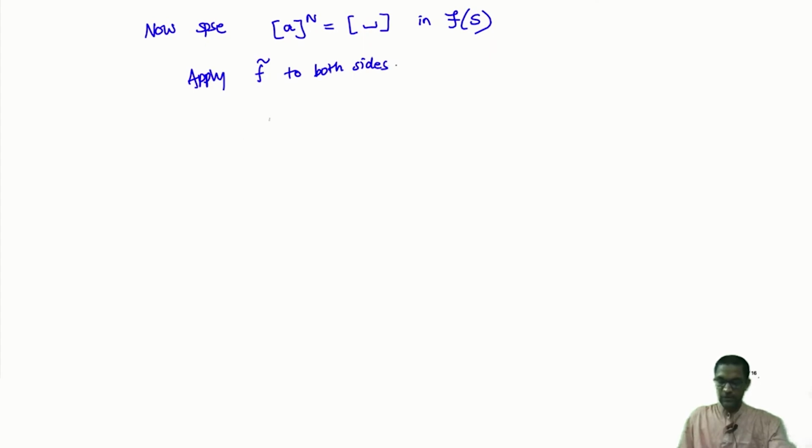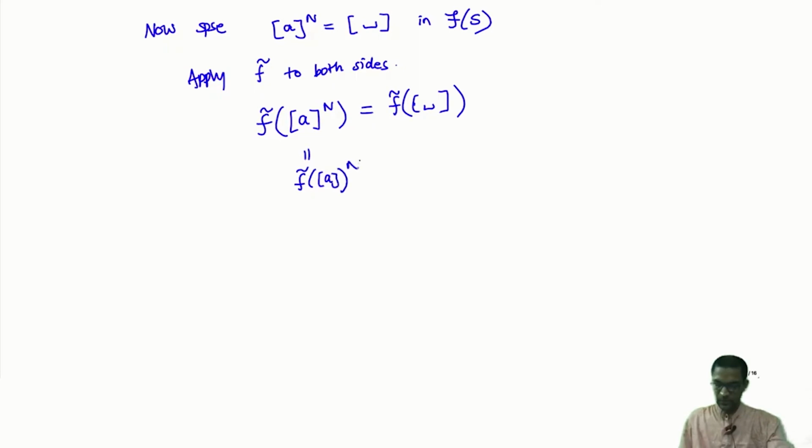Now, again we have to use the fact that f tilde is a homomorphism. So f tilde of A power n equals f tilde of the identity. On the left hand side, f tilde of A power n, because it is a homomorphism, is the same as f tilde of A, the whole thing power n, which in turn is just A power n.